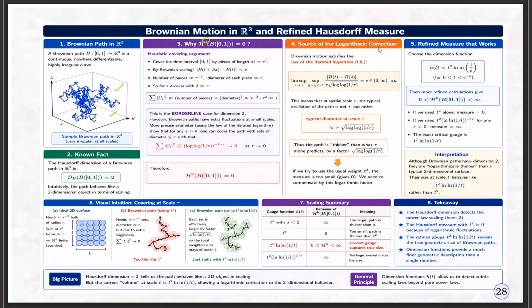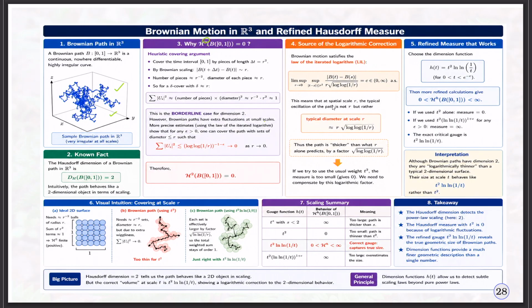The source of the logarithmic correction is that Brownian motion satisfies the law of the iterated logarithm. That means the limit supremum as r tends to 0 of the supremum over |t - s| ≤ r^2 of |B(t) - B(s)| over r times square root of log 1/r equals c, where c is in (0, infinity) almost surely.